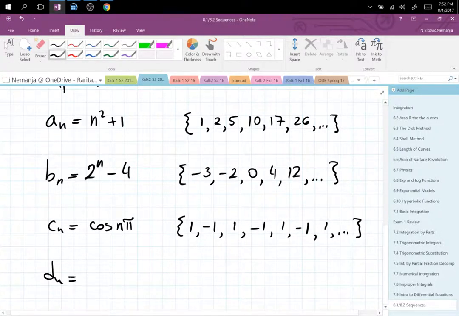You generate this one on your own, and then tell me what it is. Give me the first 4 terms.